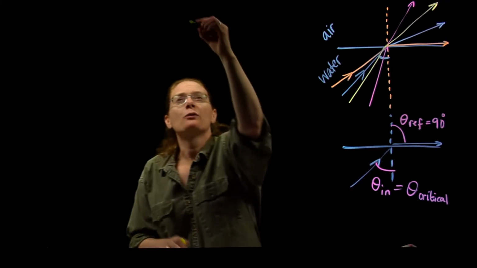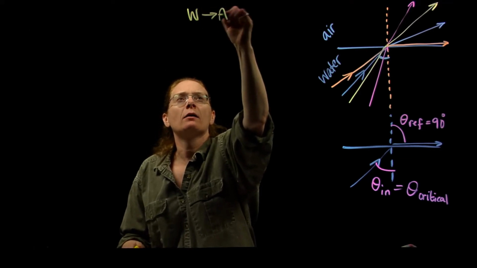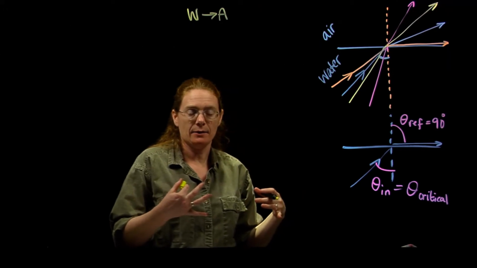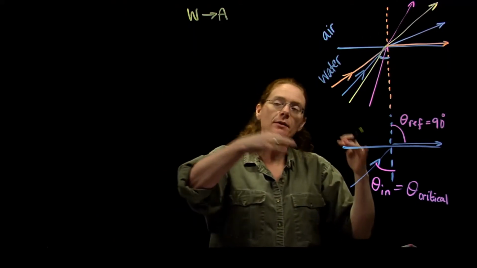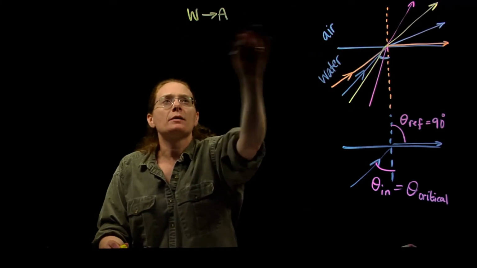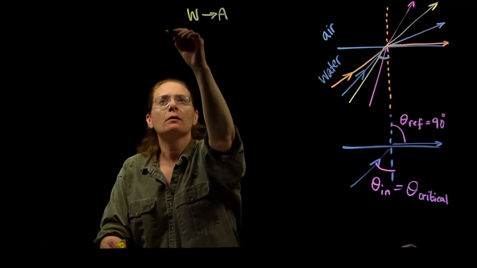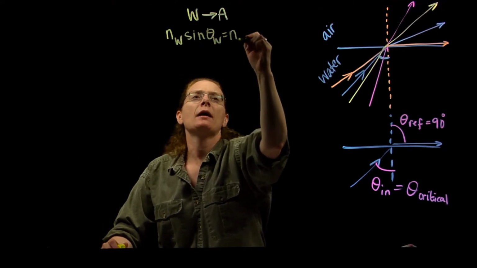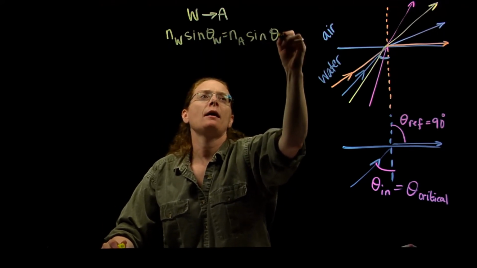This only works if we're going into something less dense, because moving into a less dense material means we bend away from the normal. So our Snell's law equation for water into air: n water sine theta water equals n air sine theta air.